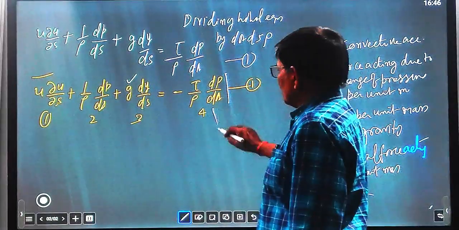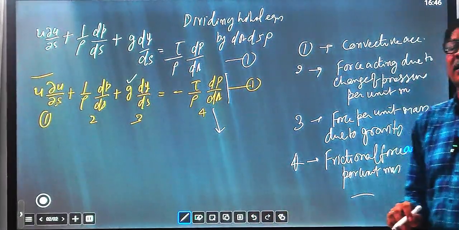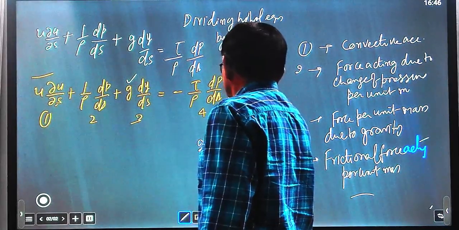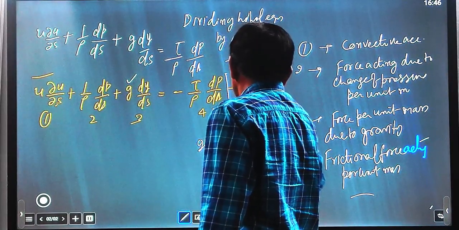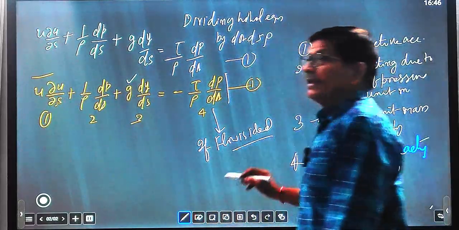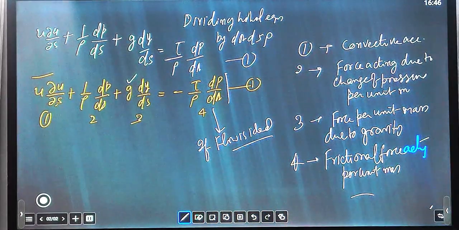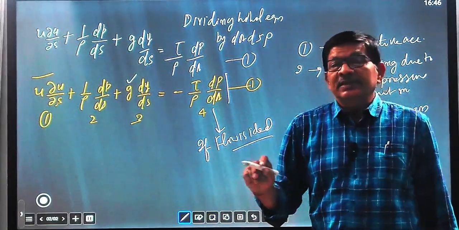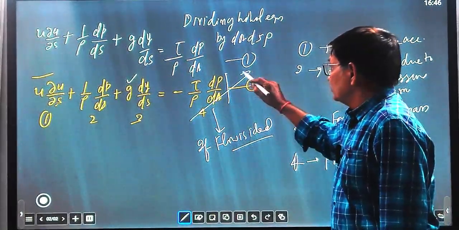If there is an ideal fluid, what will happen? If the flow is ideal, it means the fluid becomes inviscid. There is no viscosity of the fluid, no friction resistance, so this term will become zero.